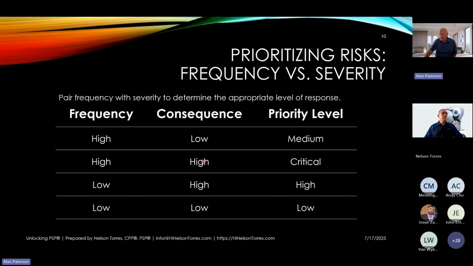High frequency, high consequence is critical, of course. A low frequency but high consequence is considered a high priority. And of course, low frequency, low consequence would be a low priority. It's interesting how high frequency, low consequence is medium, but low frequency, high consequence, of course, is a very high priority because the consequence is high.